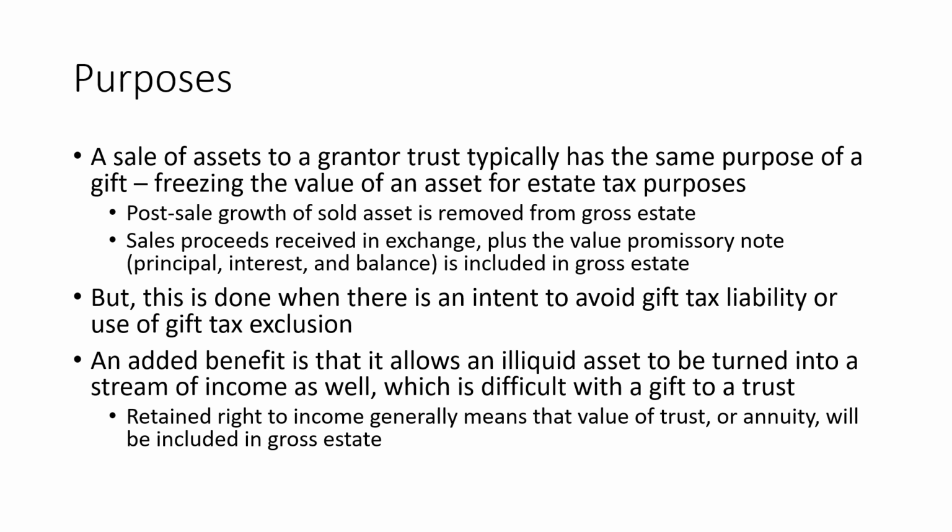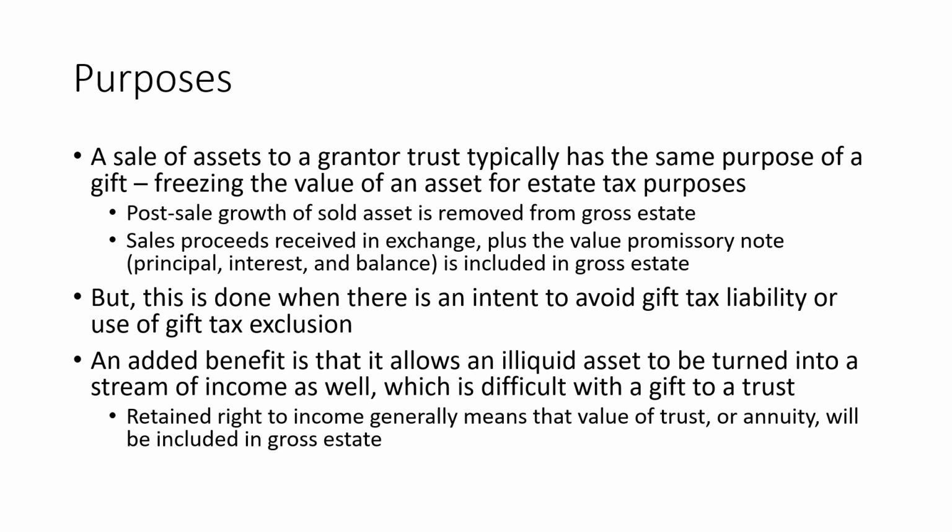Now, if you want to avoid gift tax filing, as we're going to see, this may not be a good strategy if you want to make sure it's done right. Now, an added benefit is that since this is a sale transaction, you avoid the risk of having a retained interest under Code Sections 2036 or 2038.